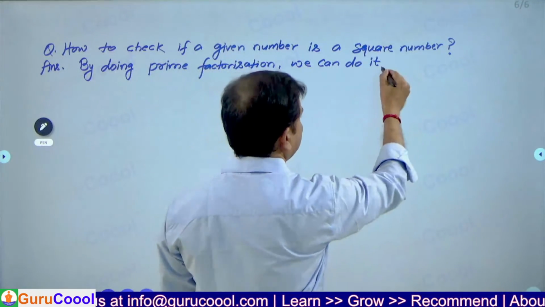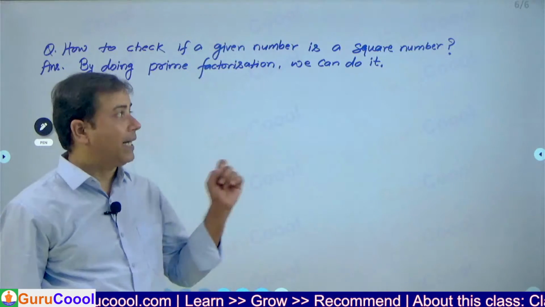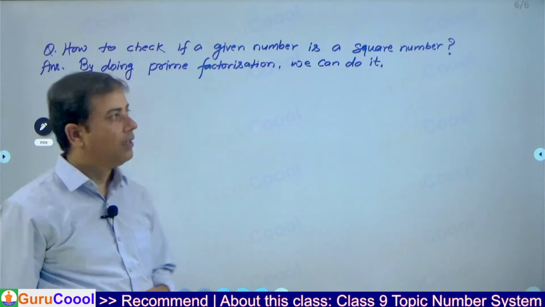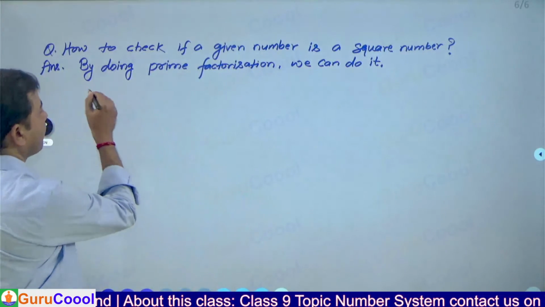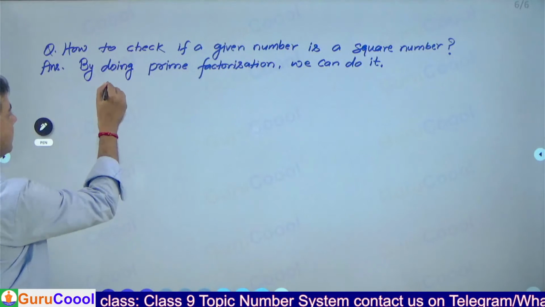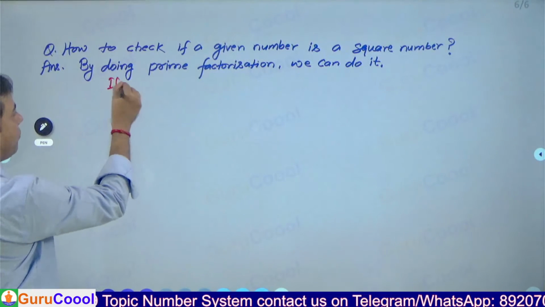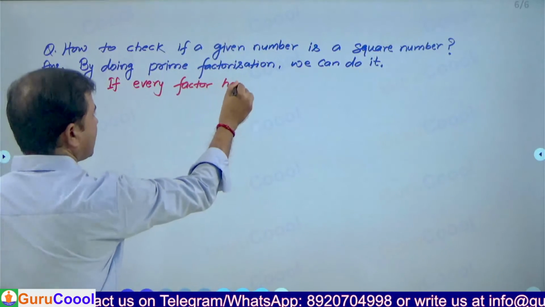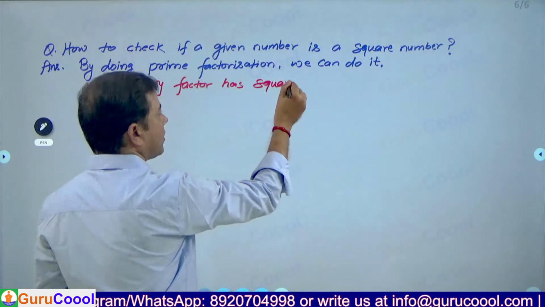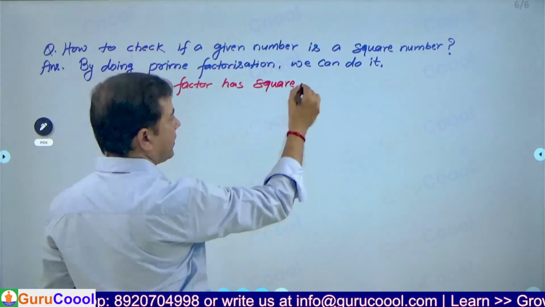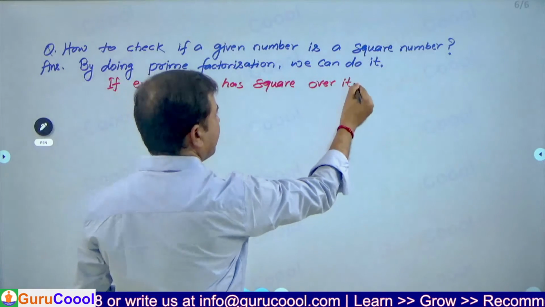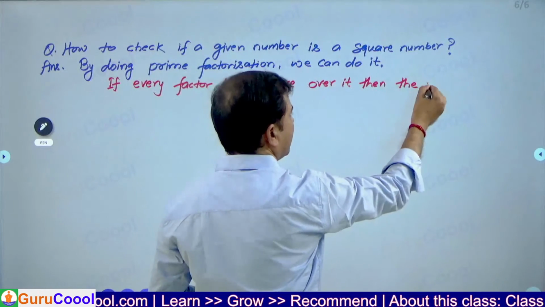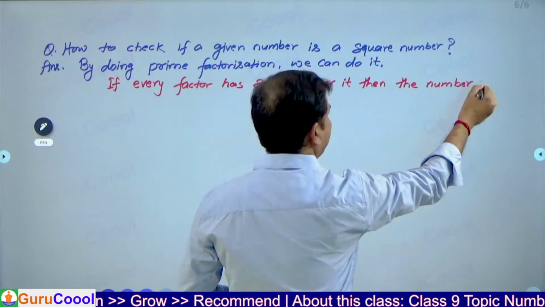If every factor is paired, if every factor has a square over it, then the number is a square number.